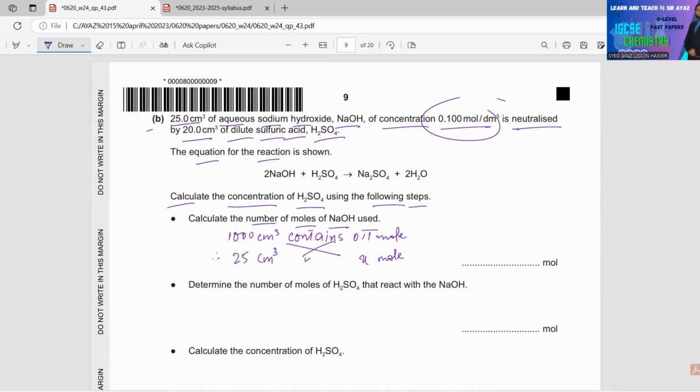Do the cross. So the equation becomes X is equal to 0.1 multiplied by 25 divided by 1000. So the answer must be 0.0025 moles. These are the moles of sodium hydroxide.